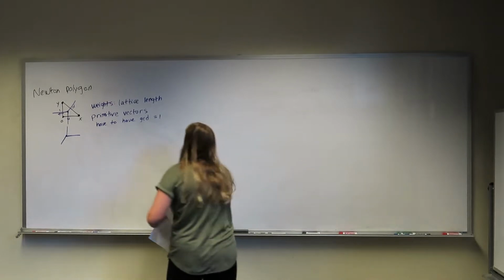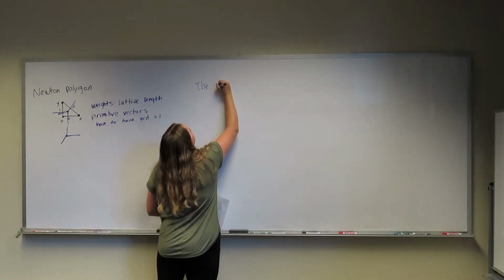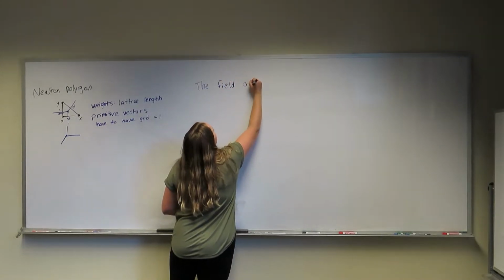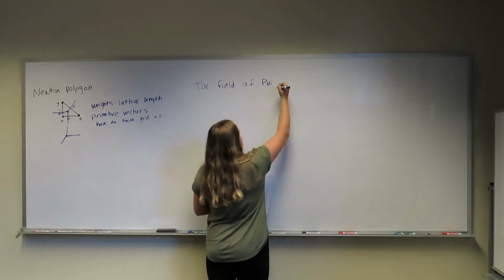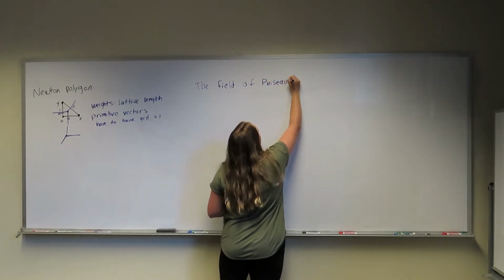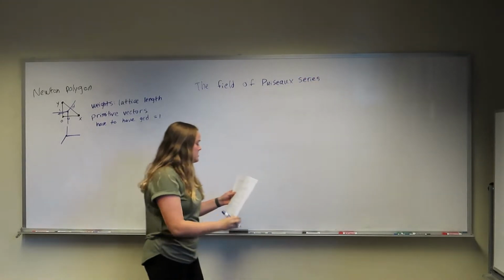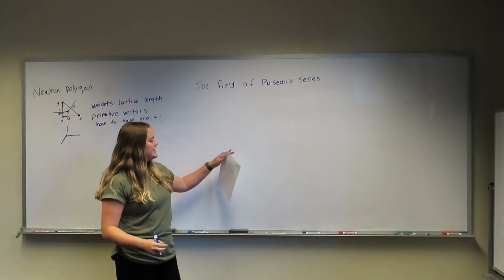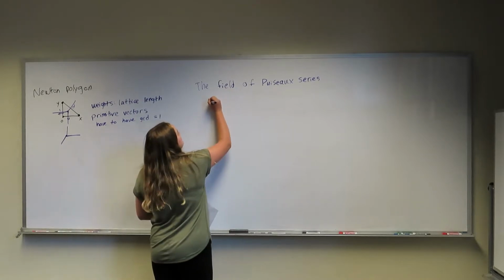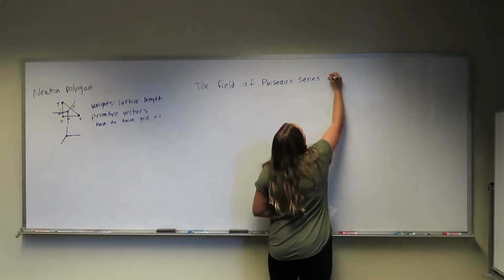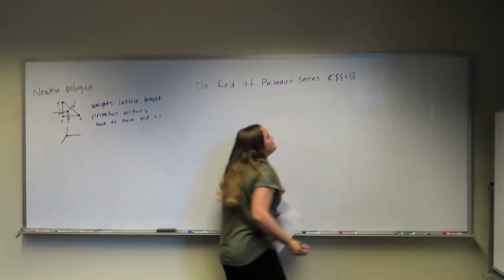We're going to take a step back from that for a little bit and look at the field of Puiseux series. This field helps us connect regular algebraic geometry with tropical geometry, and we denote this field like this.